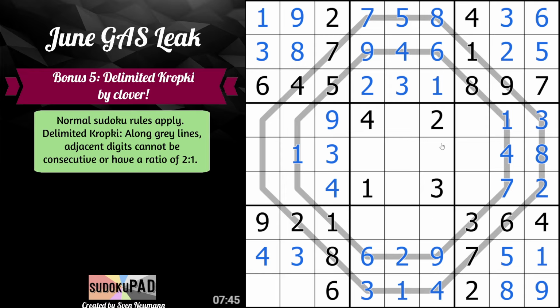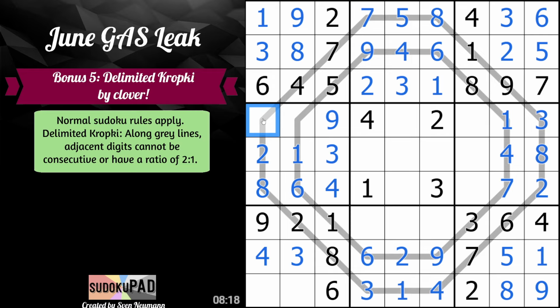Then 2. Hello. This is 2. What does that do? What does 2 do? 5, 6, 7, 8. 8 cannot go next to 4, so this has to be 8. 6 can't go next to 5, and obviously 6 breaks Sudoku there, so this will be 6.